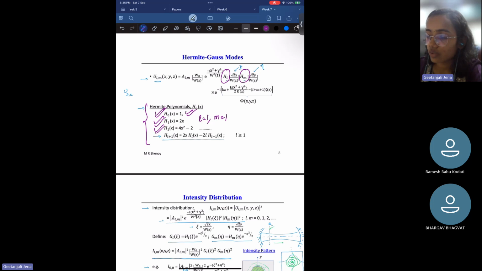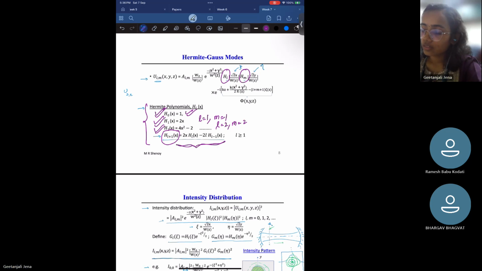And when L equals 2 and M equals 2, the Hermite polynomial is 4x square minus 2. And if we know any two values of the Hermite polynomial, that is the previous two values, then we can easily calculate the next Hermite polynomial expression using this recurrence relation.